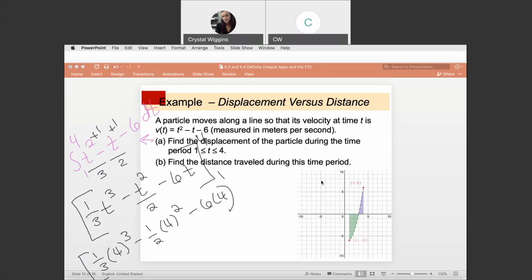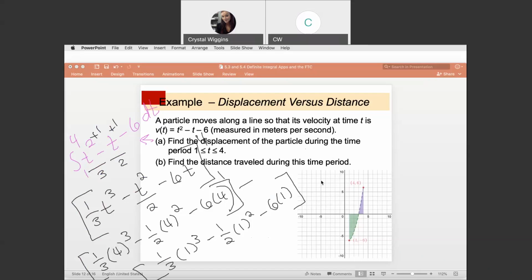Oh, that's a big parenthesis. Minus the same thing, but with 1 entered in for every t. This will give us the displacement.